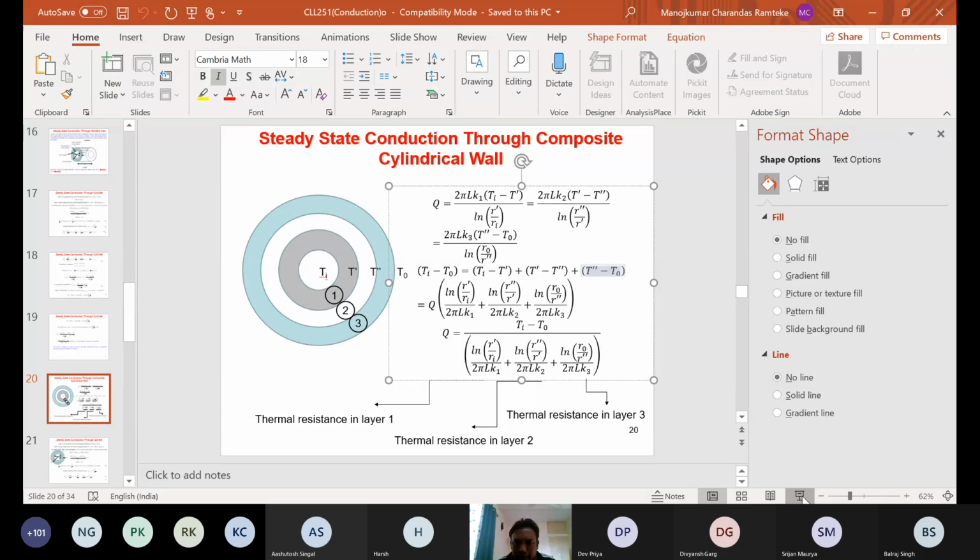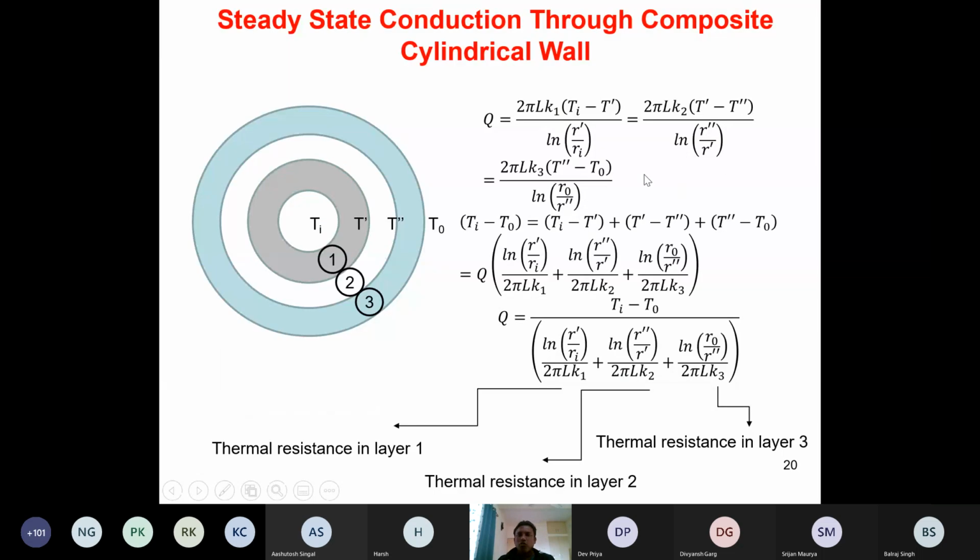Okay, so now it is correct. For the third slab, the temperature difference is going to be T double dash minus T naught, divided by ln R naught by R double dash.